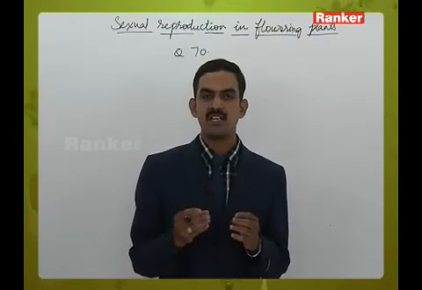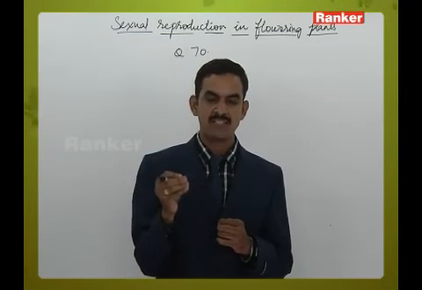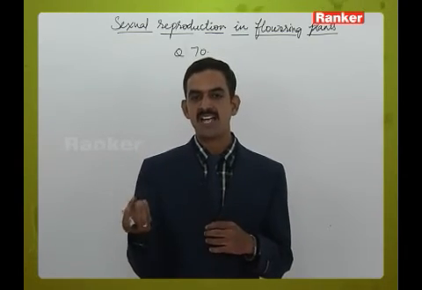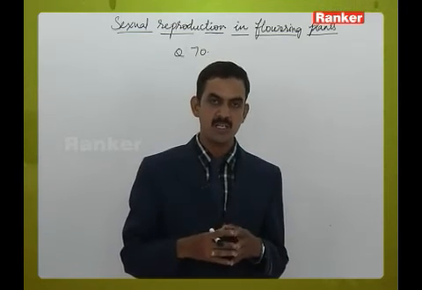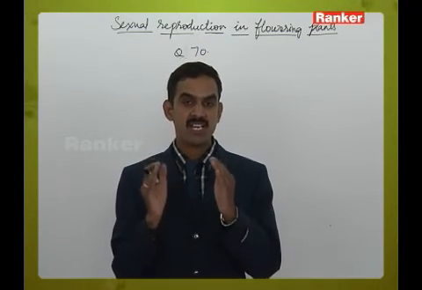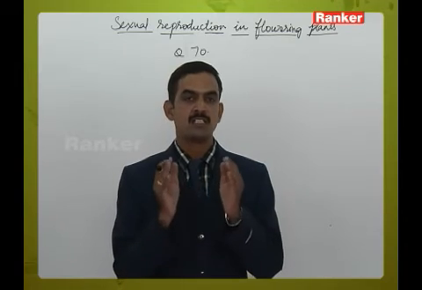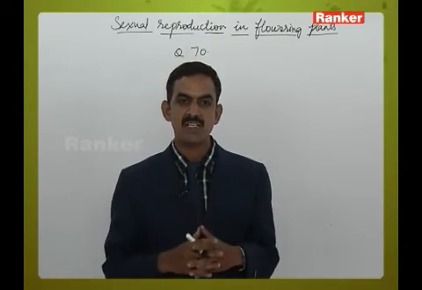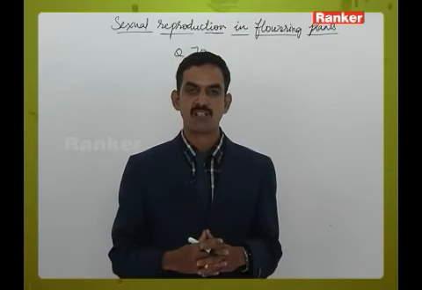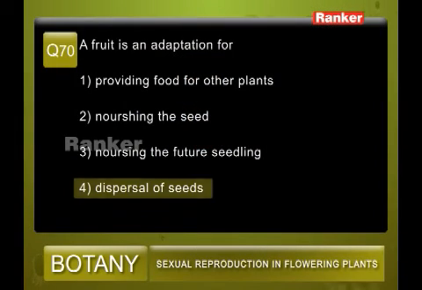Or we can say that the fruit wall that is present may disintegrate to liberate the seeds and help the dispersal of the seeds, or if it is a dry fruit, the dehiscent nature will be there, that is the fruit wall will break and liberate the seeds for dispersal of the seeds. So that means the fruit is an adaptation for dispersal of the seeds. So question number 70, the correct answer is 4.